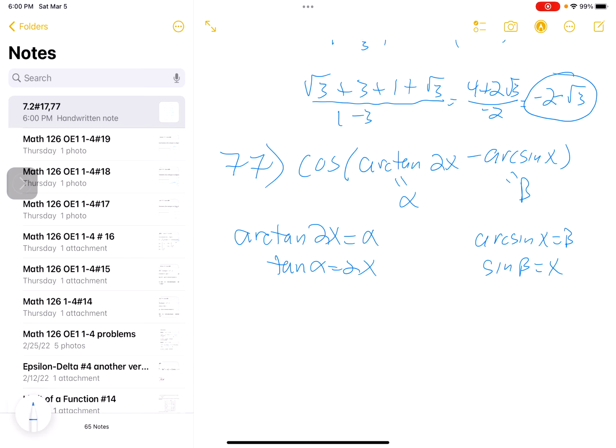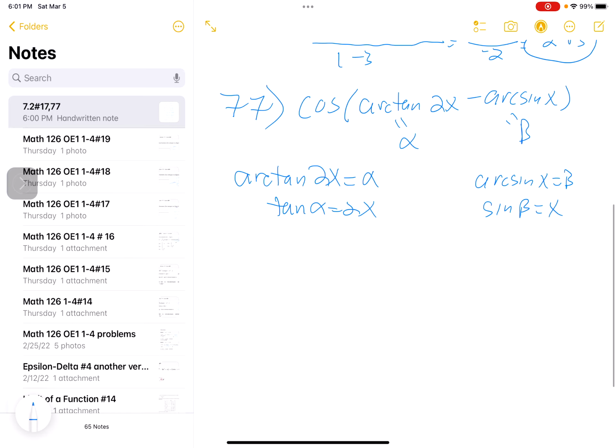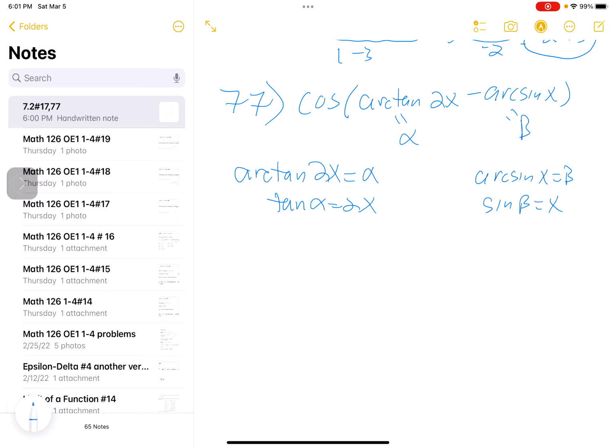It might also be helpful to draw the triangles, but we are going to end up with our cosine of a difference with sine of arcsine of x at one point, so that's just an x. Drawing these little right triangles is helpful.